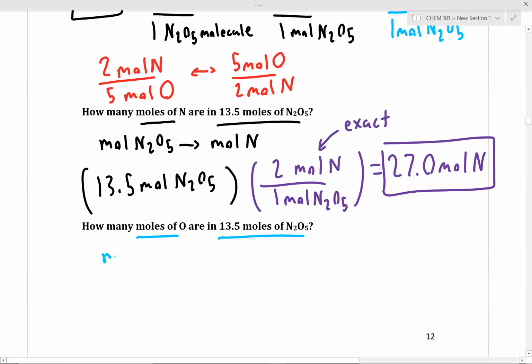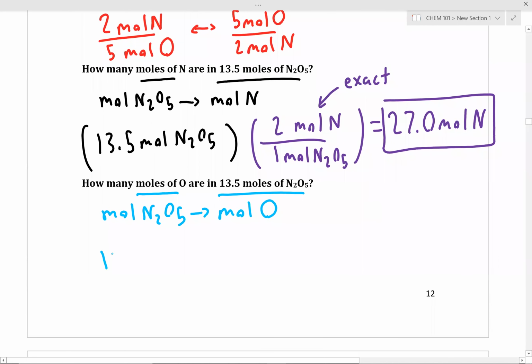So just like previously, we're going from moles of N2O5, this time to moles of oxygen. We know that we have 13.5 moles of N2O5. And my question to all of you, if we're going to moles of oxygen, what units need to be on top? Moles of oxygen, exactly.